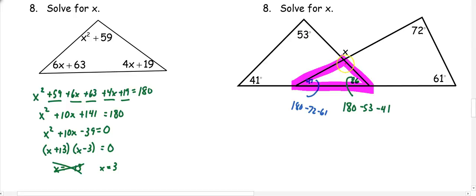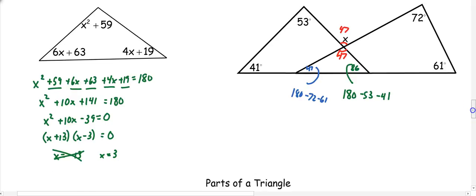I would do 180 minus 47 minus 86. I get a measure of 47 degrees again. Now, 47 and x are vertical angles, so they have the same measure, so x is also 47 degrees.